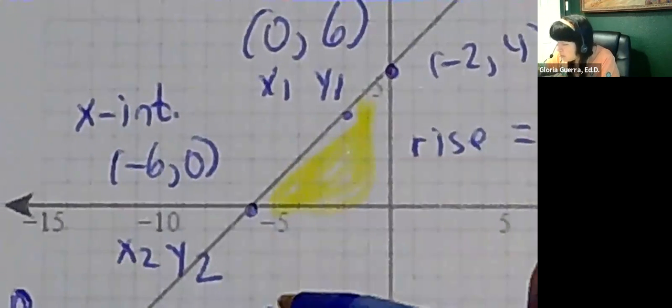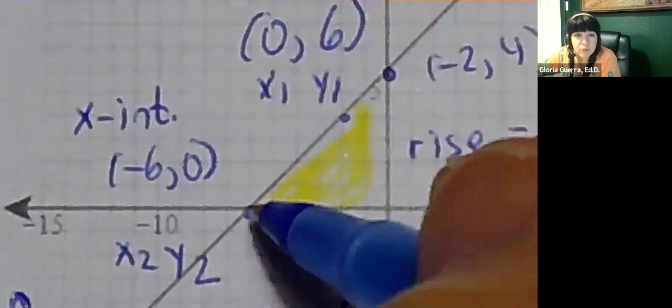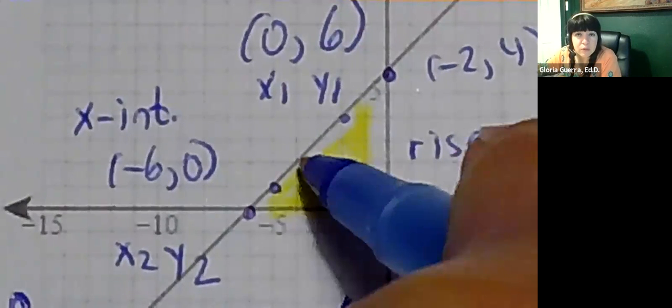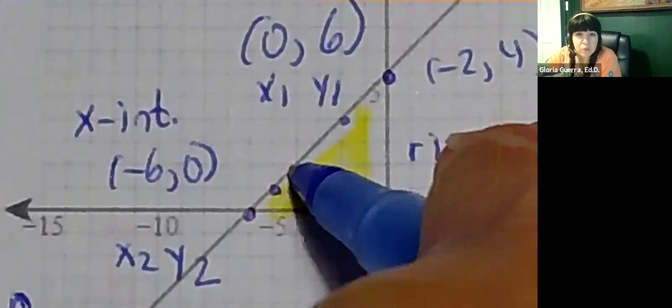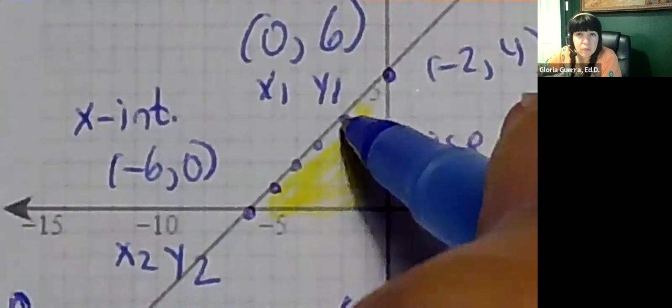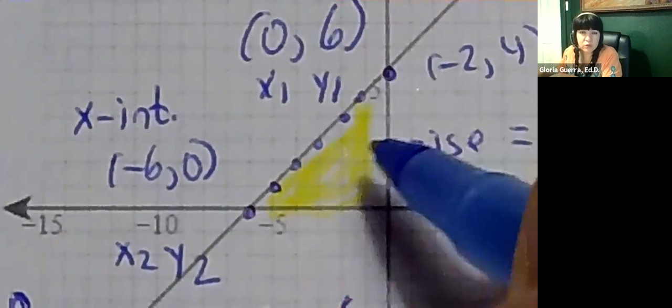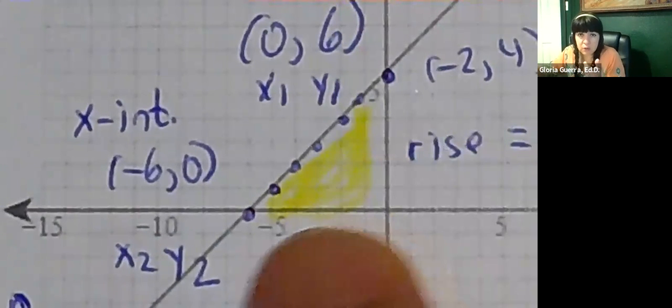So up 1, right 1, that's a point on the line. All of these are good other points you can use. I just picked randomly.